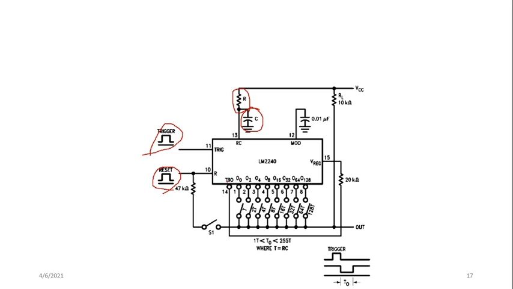Time base output, this is the first one: O0, O2, O4, O8, O16, O32, O64 and O128. The pin numbers are 1, 2, 3, 4, 5, 6, 7, 8. And pin number 14 is TB0, time base 0.